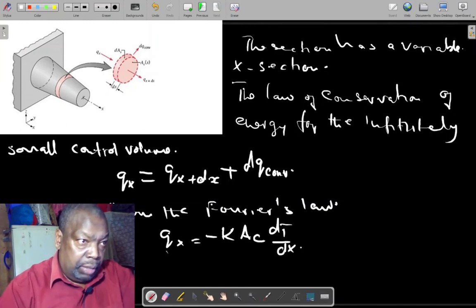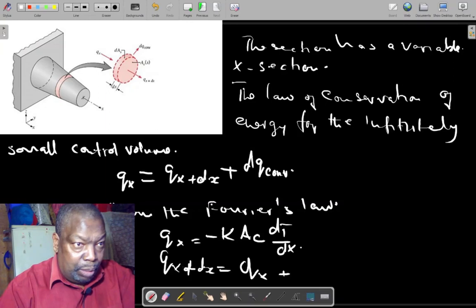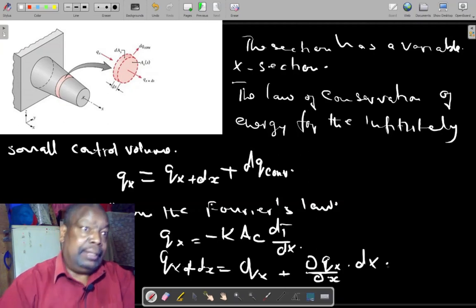And Qx+dx is equal to Qx plus the rate of change of Q in the x direction, dQx by dx, multiplied by dx.